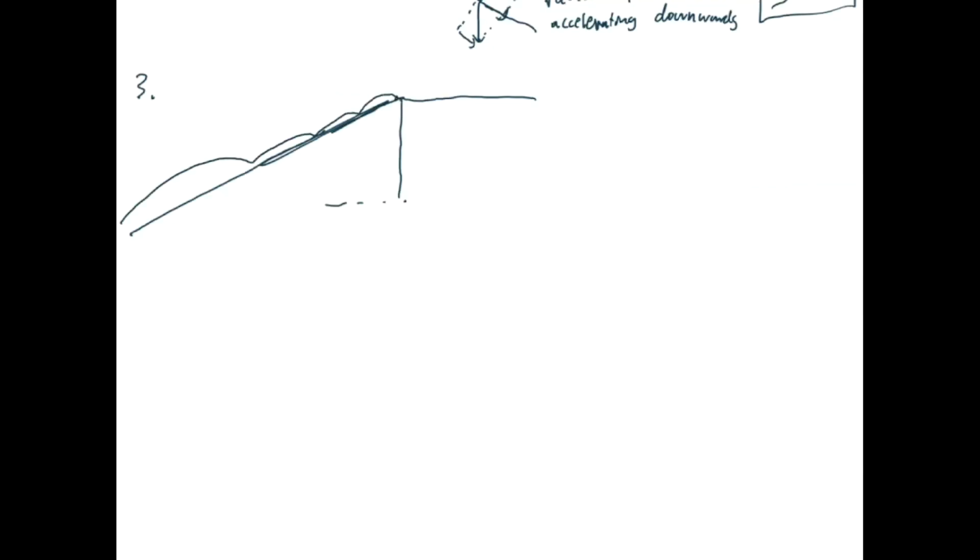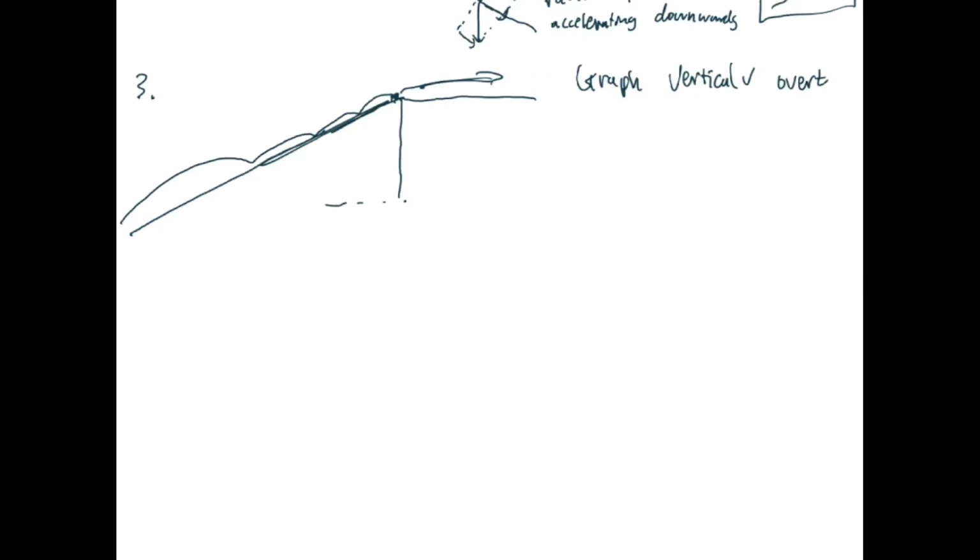And then when it reaches the top, the problem says that it just lands here and begins rolling horizontally. So we want to graph the vertical velocity over time. That's what the problem wants us to do.